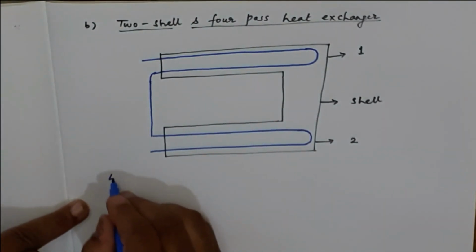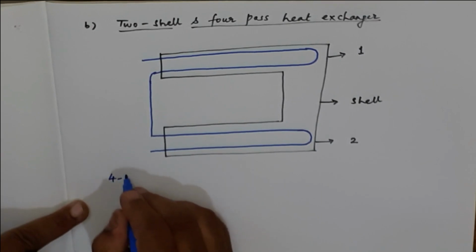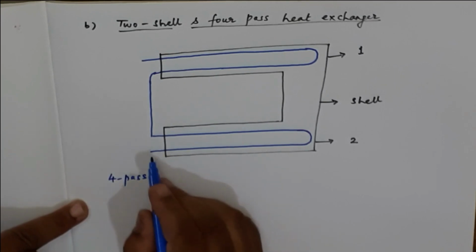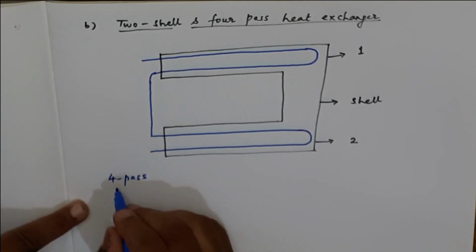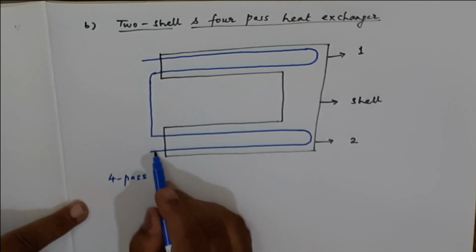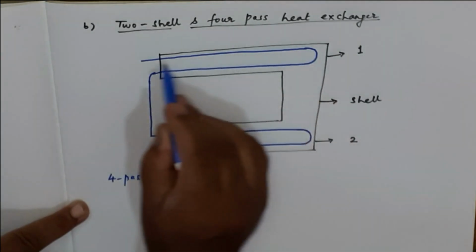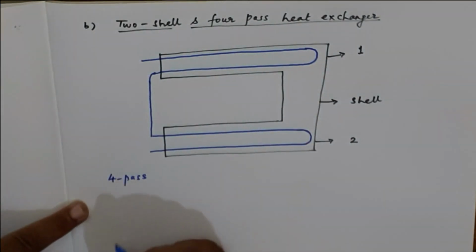So you have 4 passes. What do you mean by 4 pass? When I pass the fluid through the tube, it comes in contact with the other fluid 4 times. So you have 4 pass.